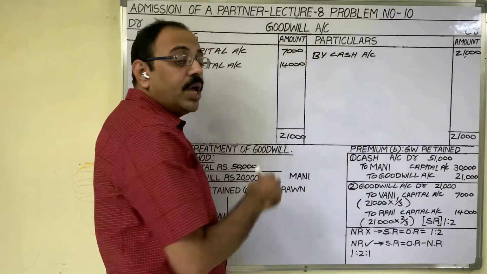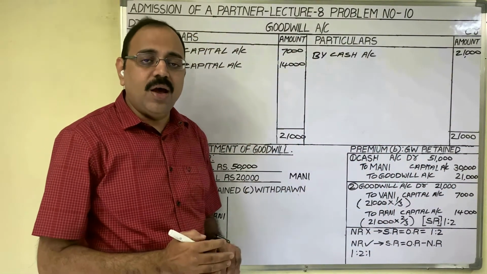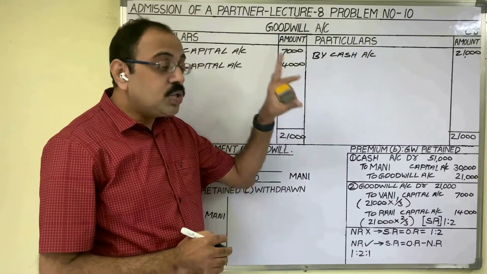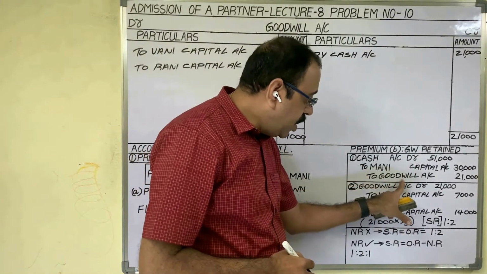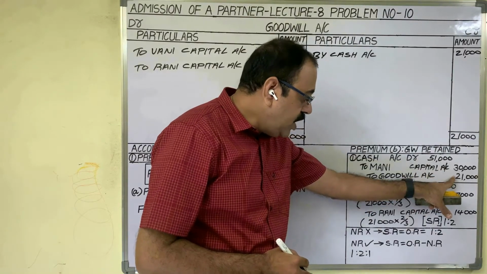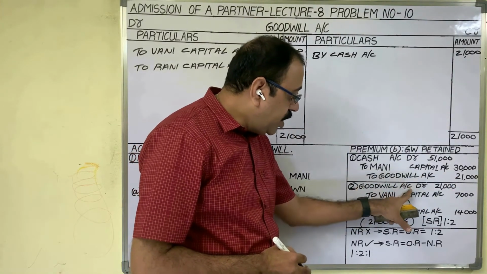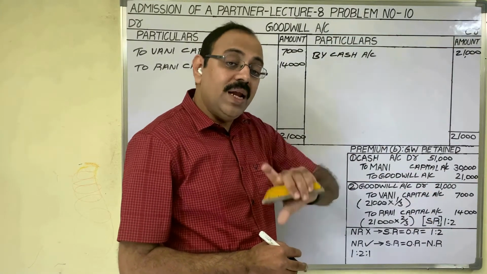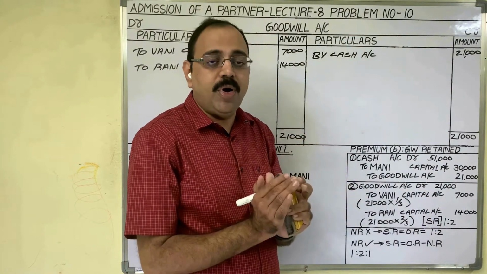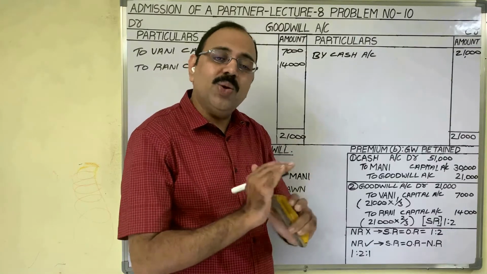Means in goodwill account there is no balance carried down. Goodwill account is closed. Why? Because in first entry we credited goodwill account with 21,000. In second entry we debited goodwill account with the same amount. If any account is credited and debited with the same amount, then that account will get closed.